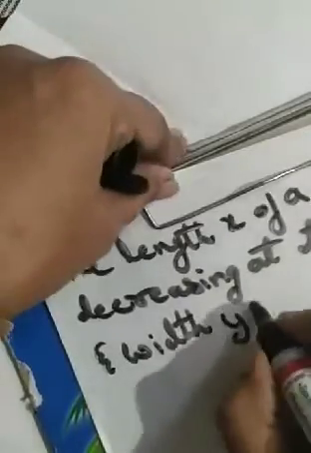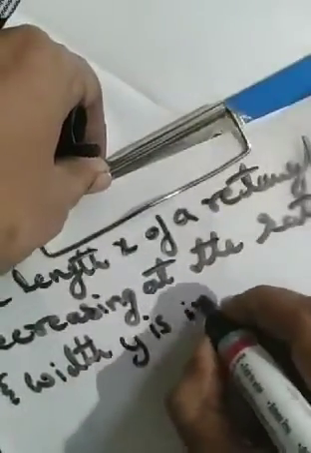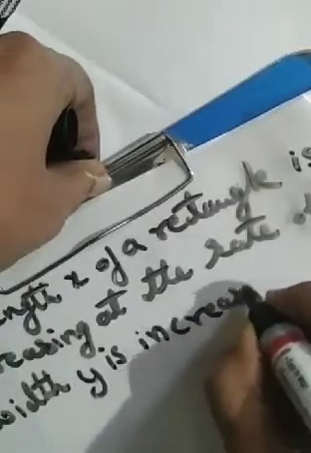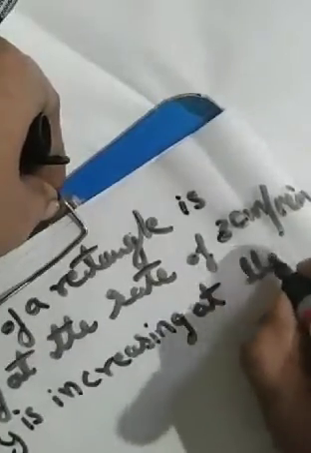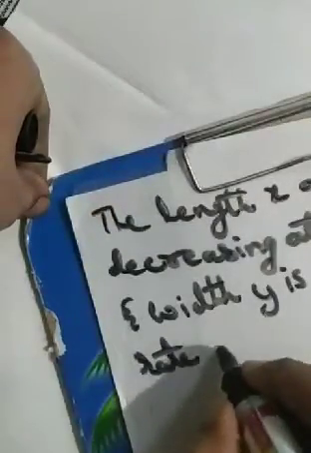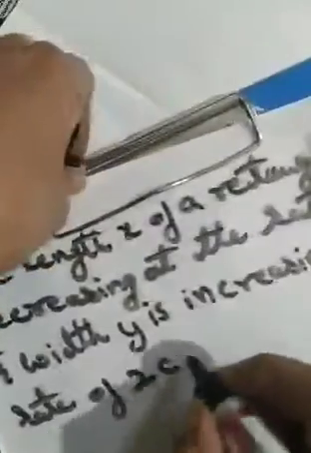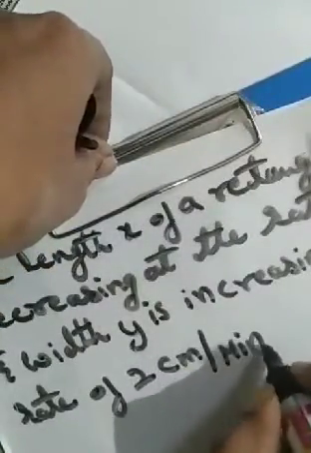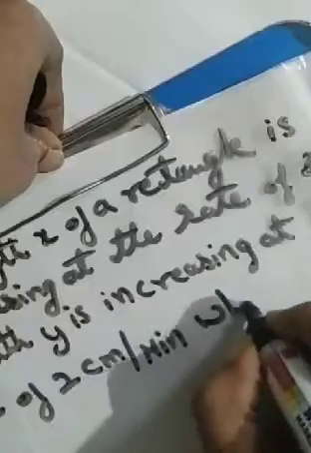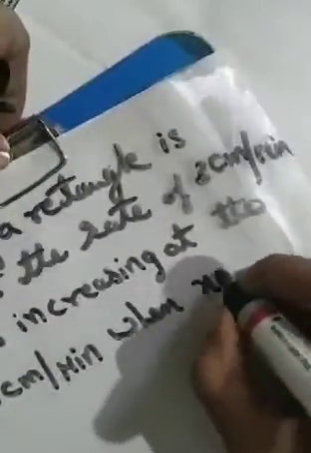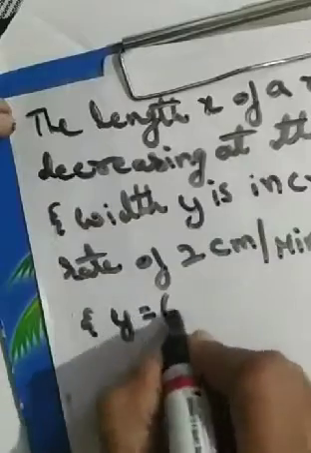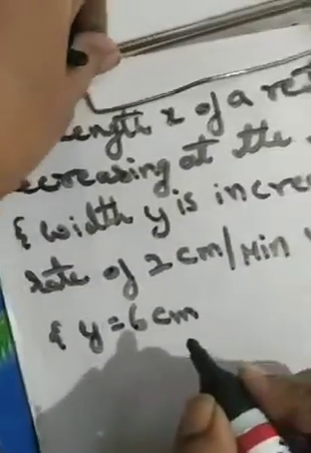width y is increasing at the rate of 2 centimeter per minute when x is equal to 10 centimeter and y is equal to 6 centimeter.